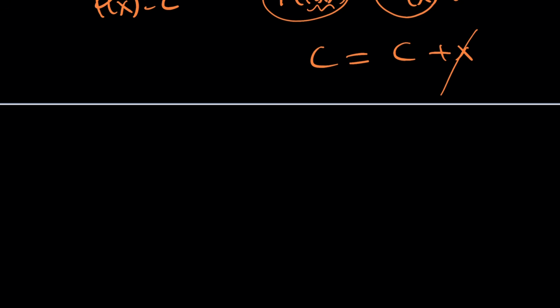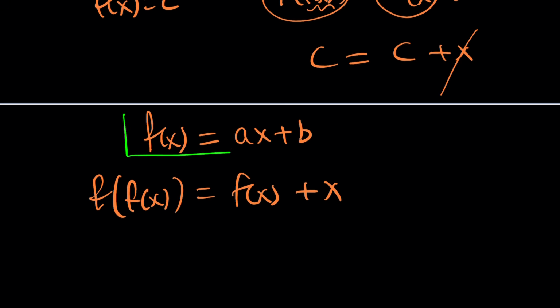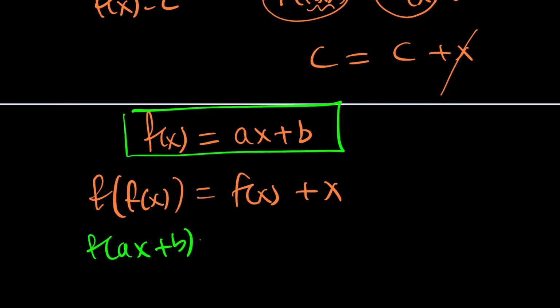So the only option we have left is, can f of x be a linear function? And the answer is possibly. So let's go ahead and write it as ax plus b. The only way to test if our solution is good is to plug it in. Now, this is going to be like f of (ax plus b) equals ax plus b plus x.